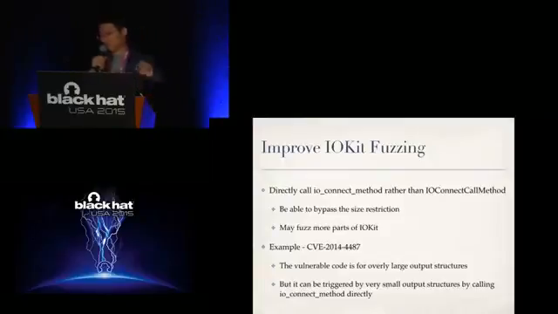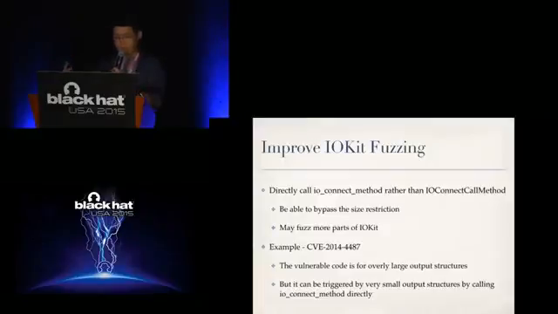Since some IOKit drivers go to different branches of code for different input, for example copy-in or an IO memory descriptor, by calling the low-level function you can fuzz more parts of the code. There's an example here. This CVE was used in a past jailbreak, and the vulnerable code exists in the driver branch that deals with a large output structure.